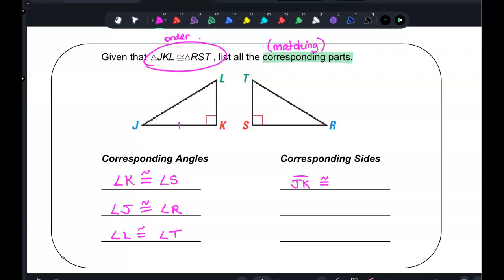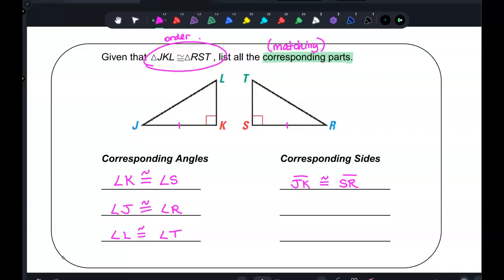SR. Okay, so when we state the corresponding sides, just remember to put a little segment line above and use the congruent sign. So these two are congruent here. Also, look at the order of the letters. JK are the first two letters here. What are the first two letters in here? RS. RS and SR are the same thing.